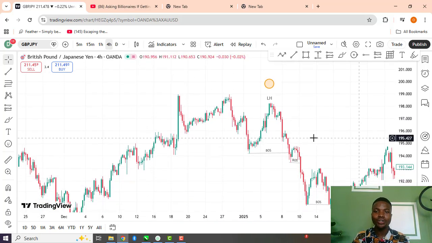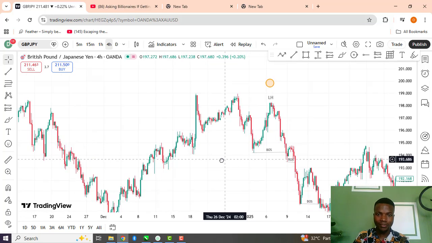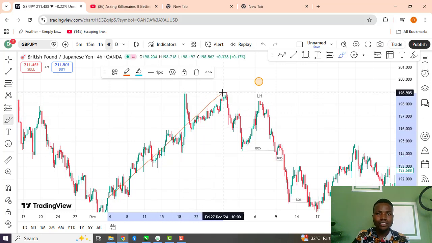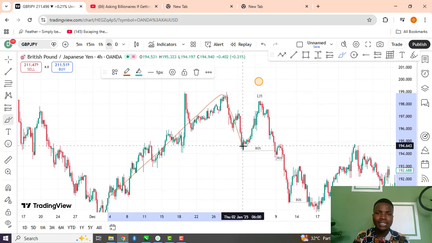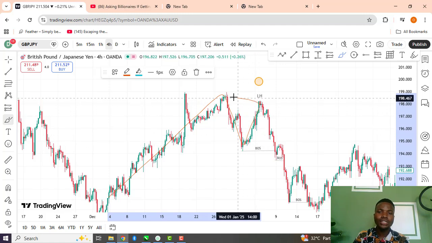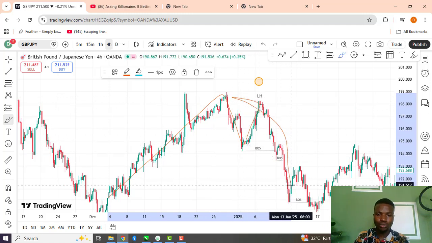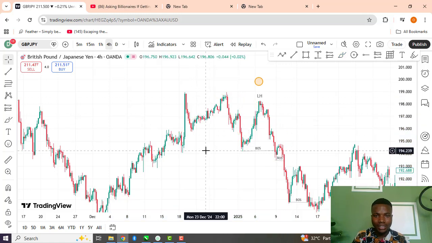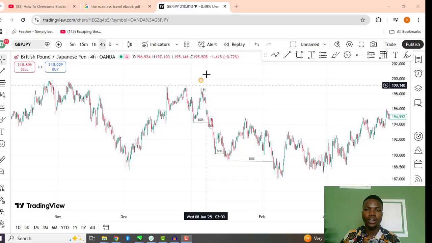You can see that price was moving to the upside, and at some point price came to the downside. Price could not break this high and continued to go to the downside. Now what causes this? Let me explain this in detail to you.